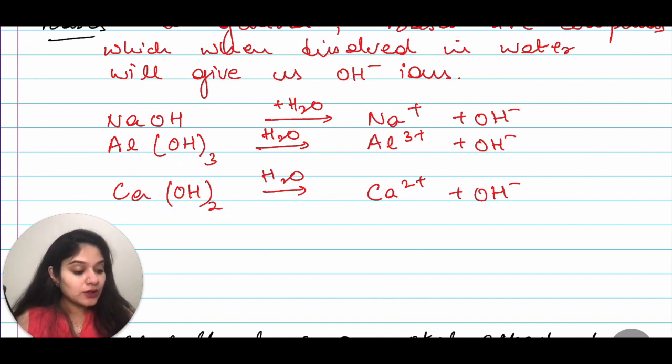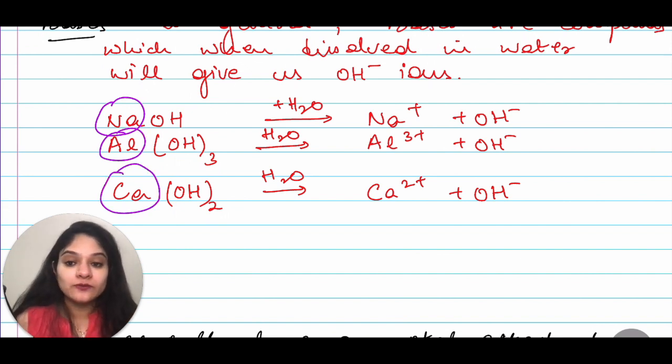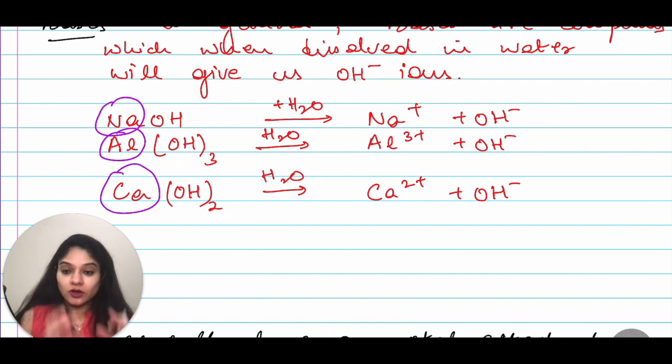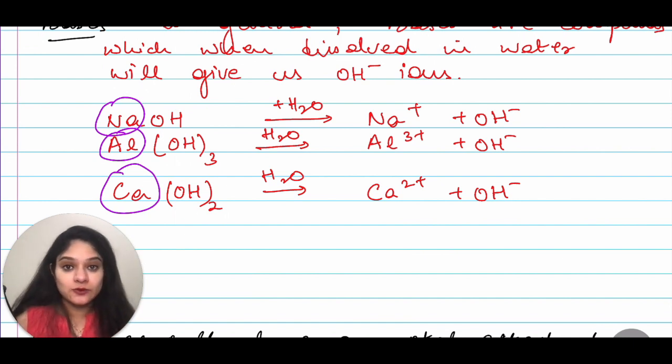If we take a look at this, our bases generally are attached with a metal. We have sodium, aluminium, and calcium. These are the metals attached. Now, it's not necessary that you always have a metal, because we have an exceptional case here.